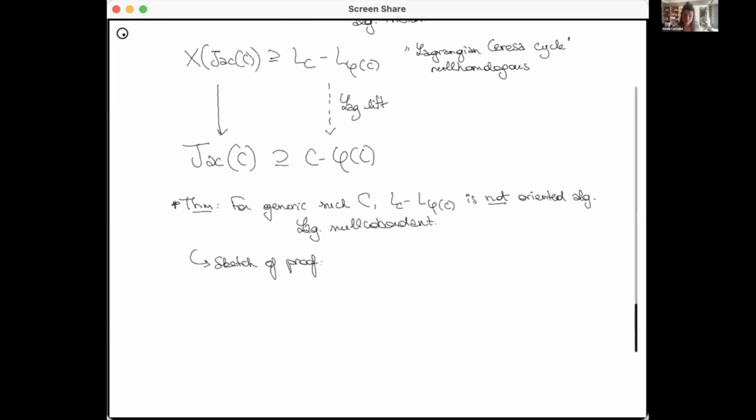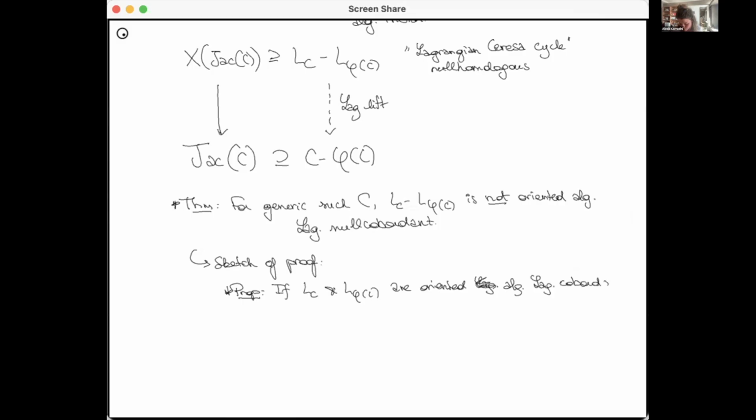algebraically equivalent. This idea transfers to the algebraic Lagrangian cobordism case, because you can show that if two Lagrangians, in this case LC and L5C, are oriented algebraic Lagrangian cobordant, and you take some 4-chain bounding these two Lagrangians, then the integral over this 4-chain of omega squared has to be in the periods of omega squared.